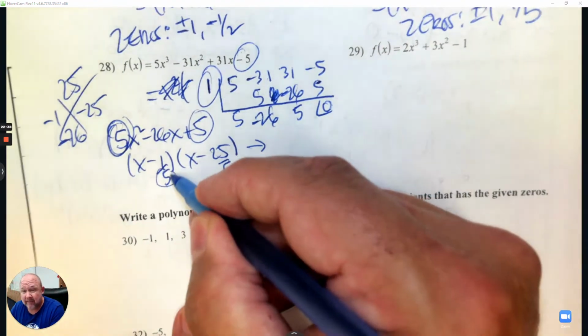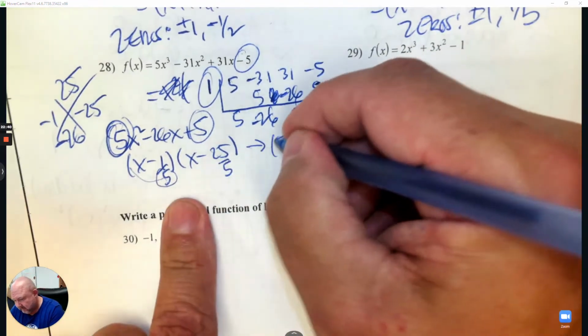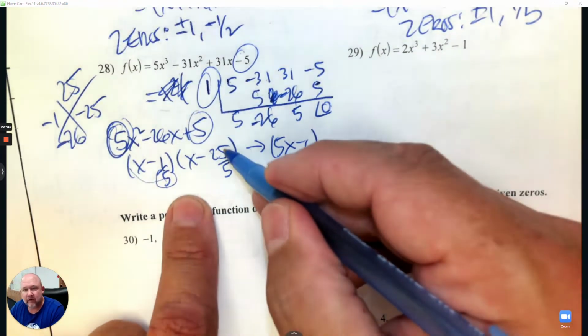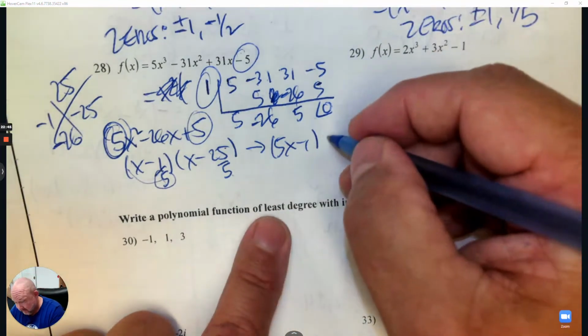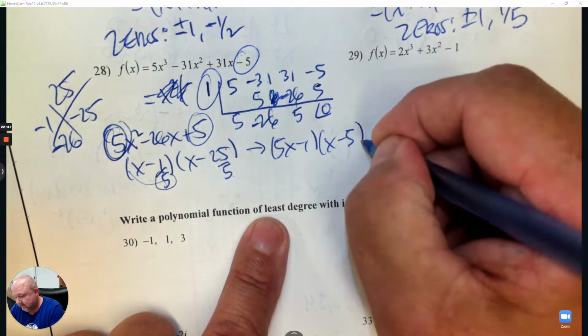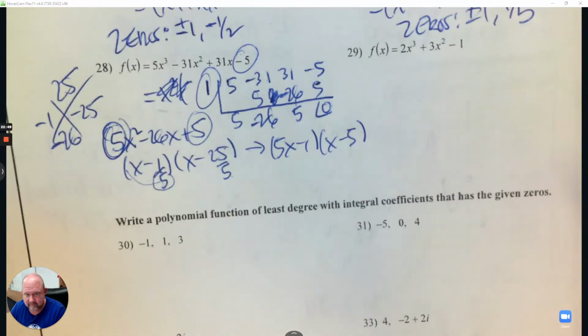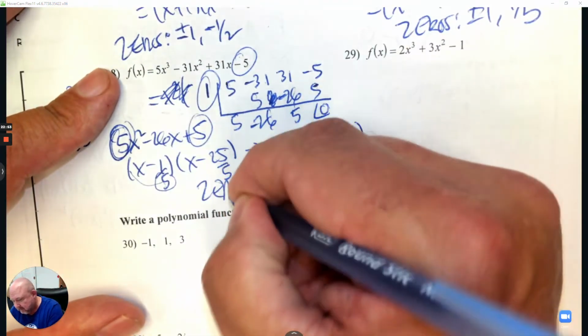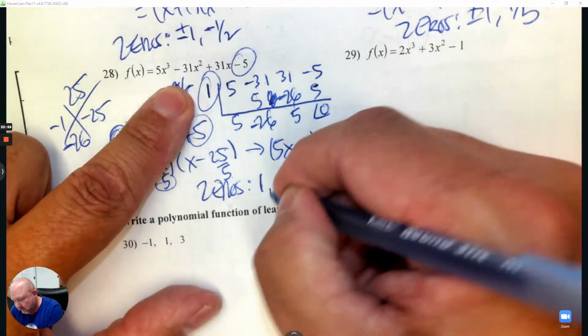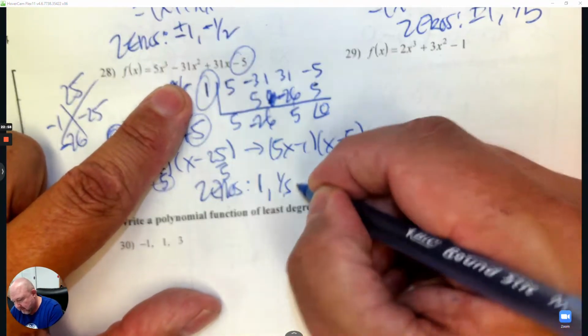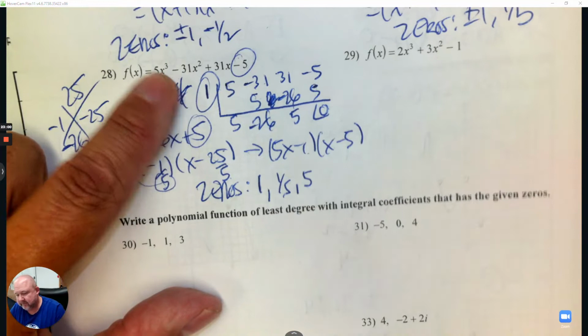You take the denominator and you slide it in front. That's 5x minus 1. 25 divided by 5 is 5, and it's done. That's another way to do it. And then the question was, once we have it, what are the zeros? That's my goal. So positive 1 over 5, and positive 5.